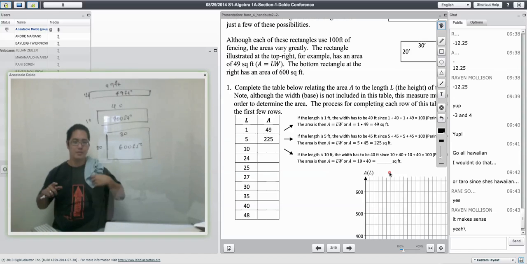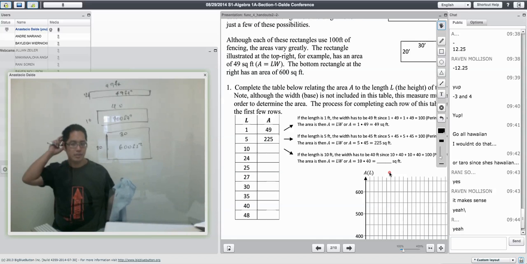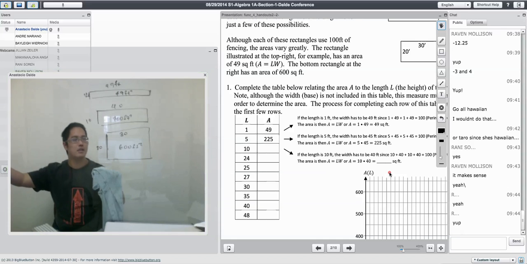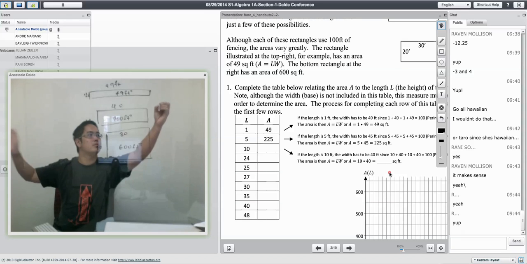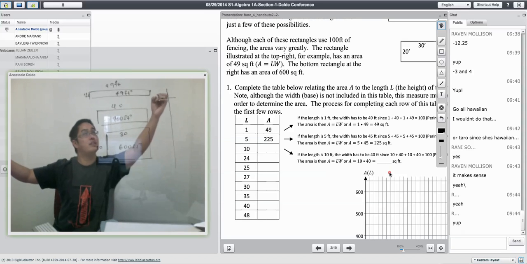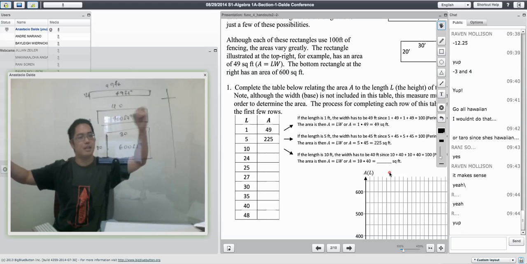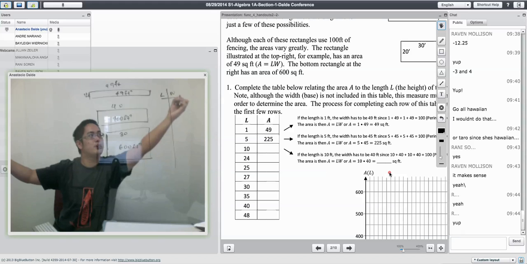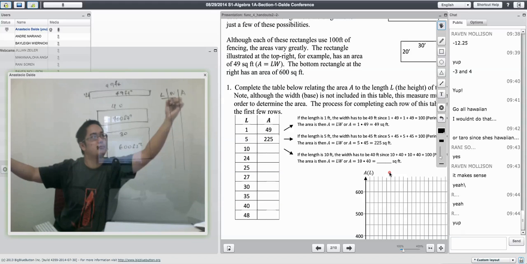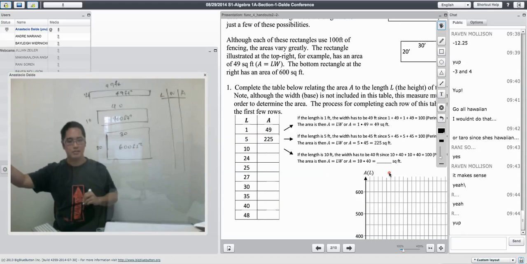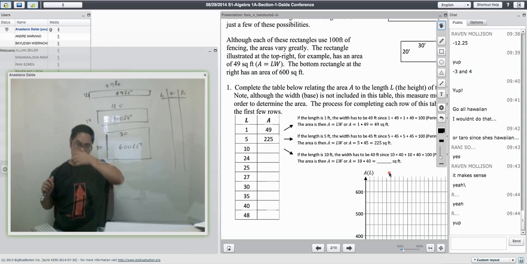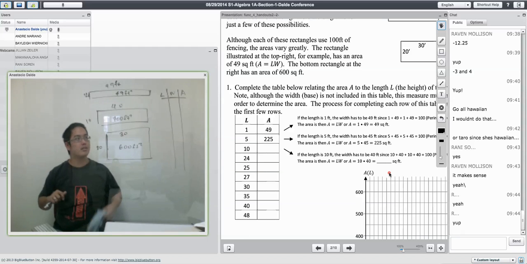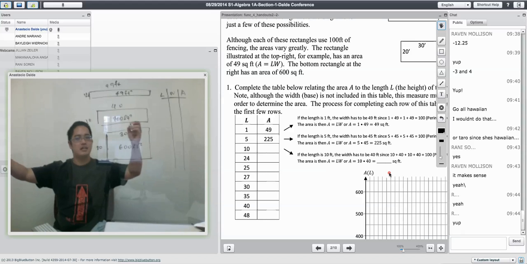All right. So what I want to do is make a table. Over here I'll have the length, and I can put another column called the width, and I'll have the area column. Got it?